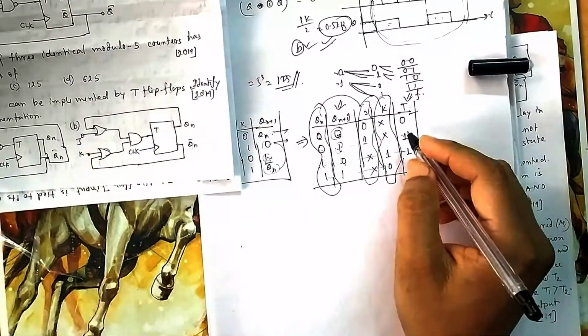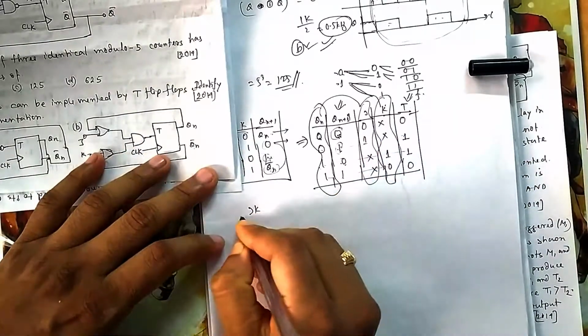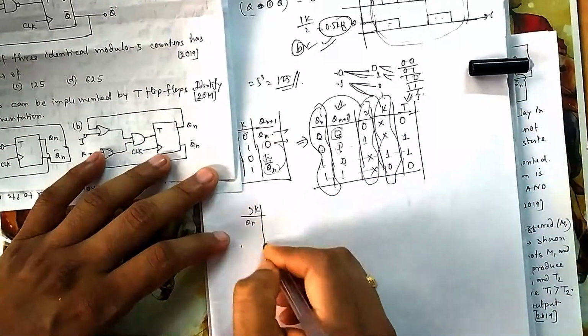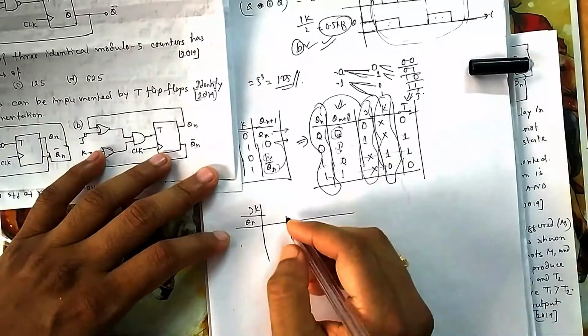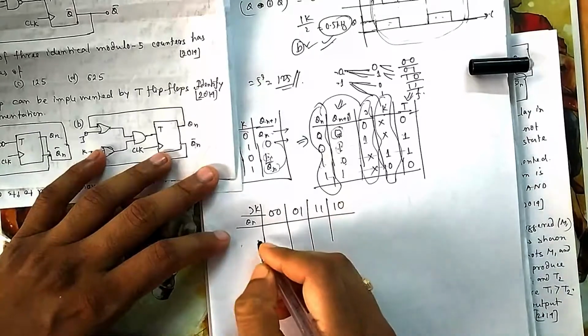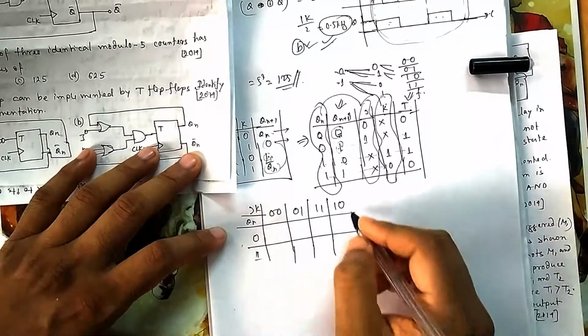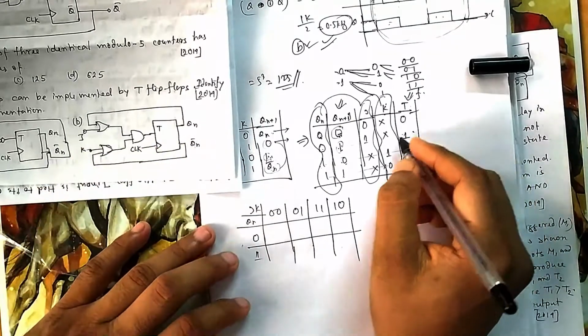You go to a normal K-map. It should be a 3 cross 3, JK and Qn. So it is 00, 01, 11, 10, then it is 0 and 1. Okay, so when T is 1, these are the cases.